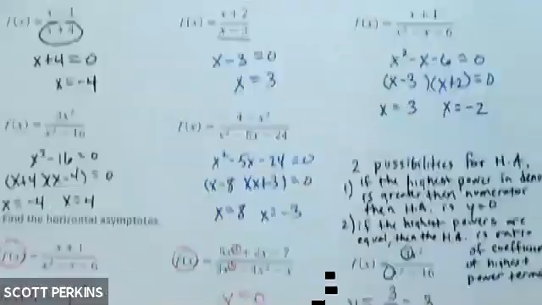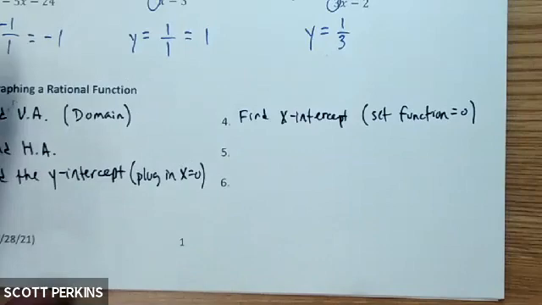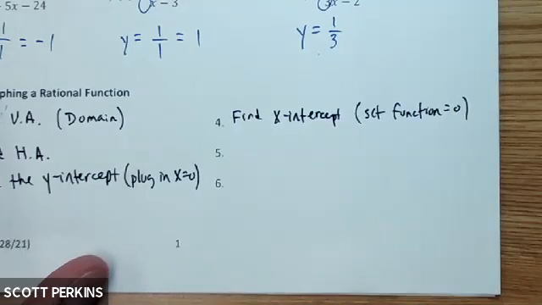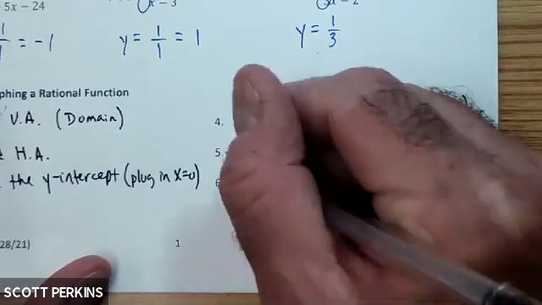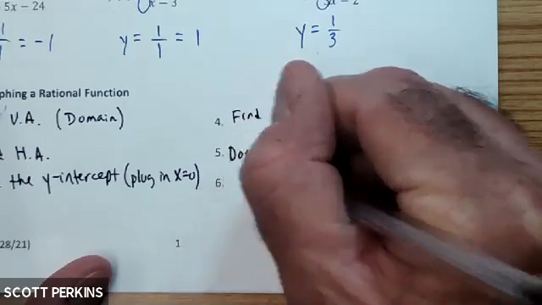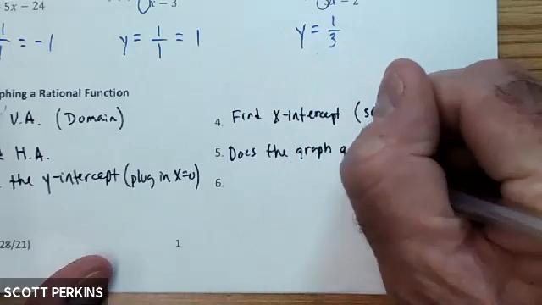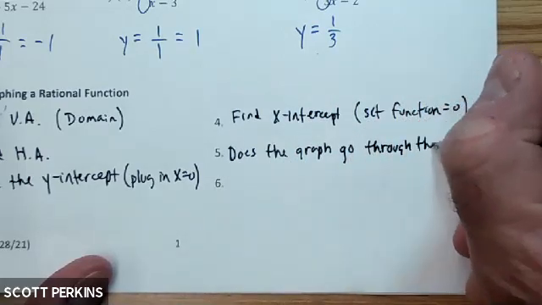And this is going to be rare for us because we're just doing an overview and we don't have a super amount of time to go into the rational functions and graphing them with as much detail as it really deserves. The question we have to answer before we can draw is, does the graph go through the horizontal asymptote?